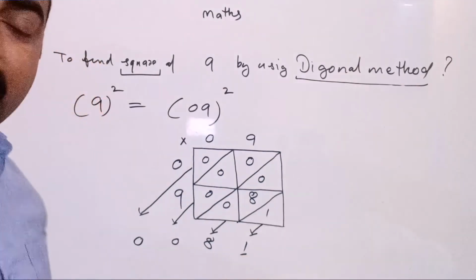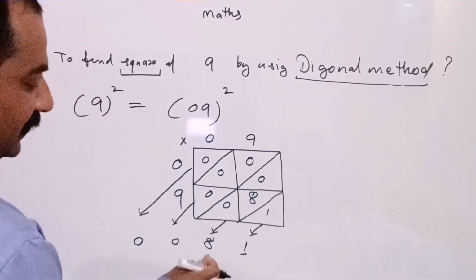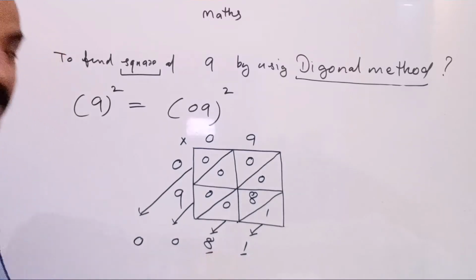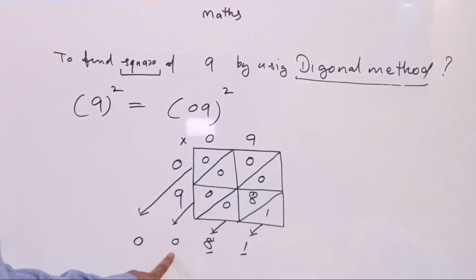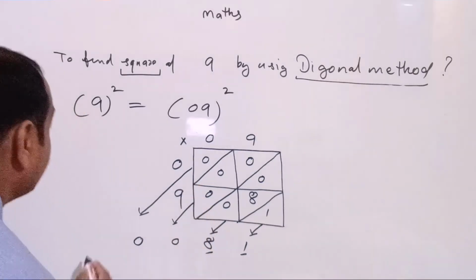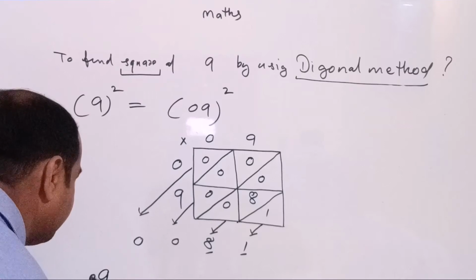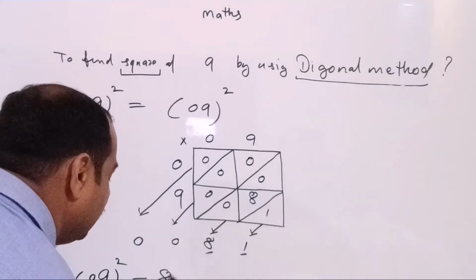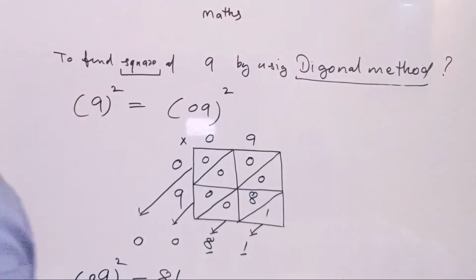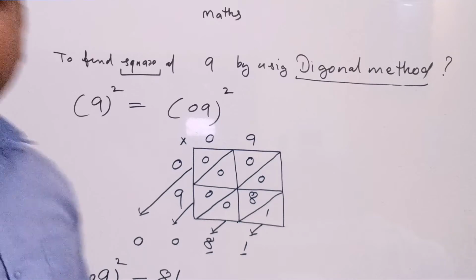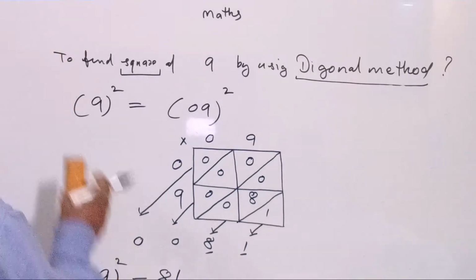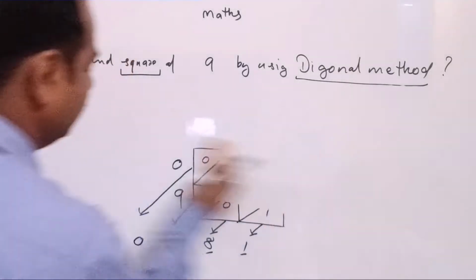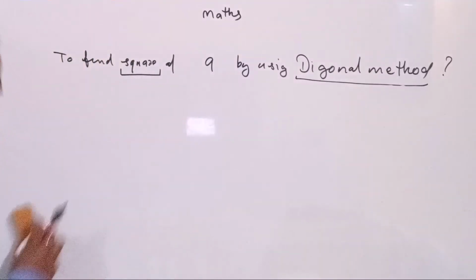So this is 1. For the next number, again this is 8 and the rest will be 0. So guys, the square of 9 is equal to 81. So guys, this is the answer. Right?